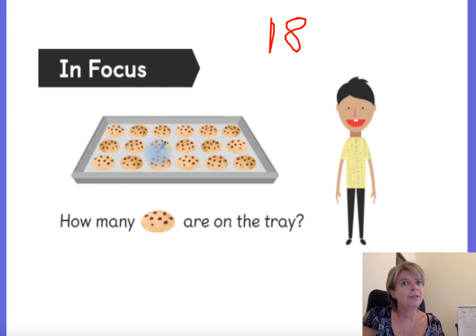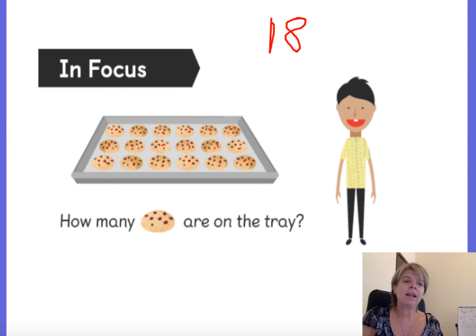Now, the important way is to think, how did you get it? Once we would have gone like this: 1, 2, 3, 4, 5, 6, 7, 8, 9, 10, 11, 12, 13, 14, 15, 16, 17, 18, and counted in ones.